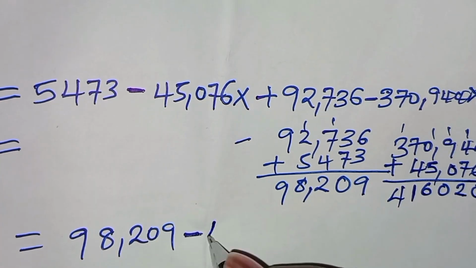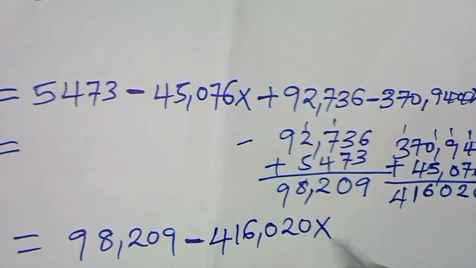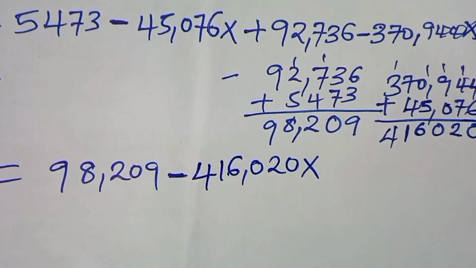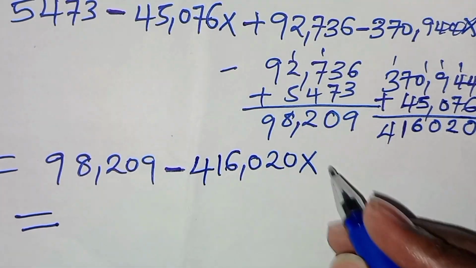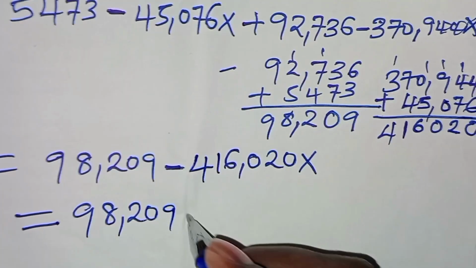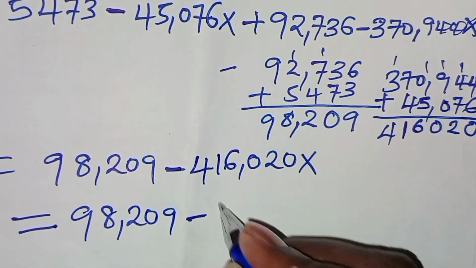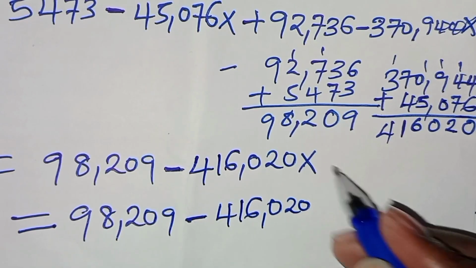So subtract 416,020x. So this is what we have. And then from there, we will have 98,209 subtract 416,020x, but now we know the value of x.